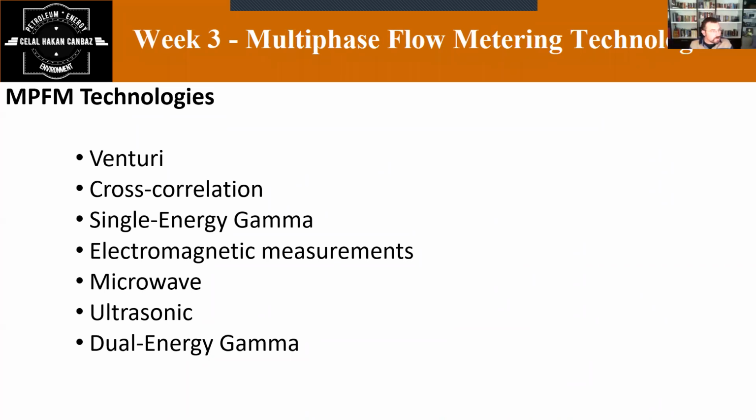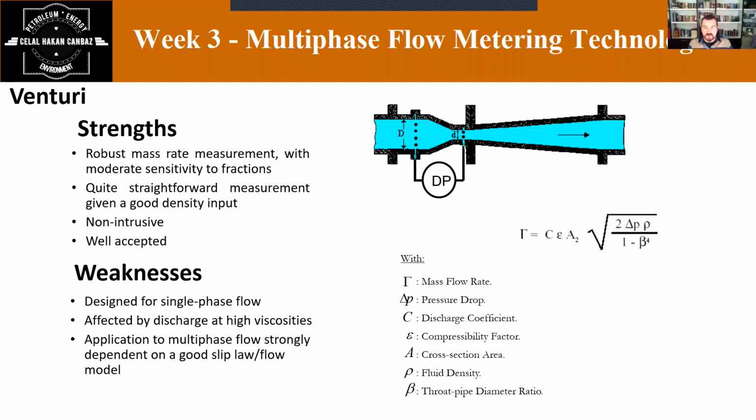Okay, so these are Venturi meters, cross correlation meters, single energy gamma measurement, the meters that make single energy gamma measurement, I will mention in detail, electromagnetic measurement devices, microwave devices, ultrasonic devices, and the latest technology, the dual energy gamma devices, which are more accurate compared with others. Okay. So let's start with the Venturi for multiphase metering.